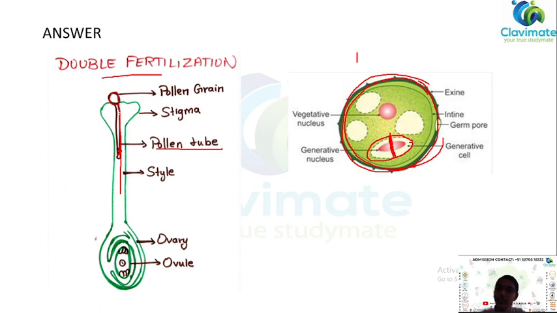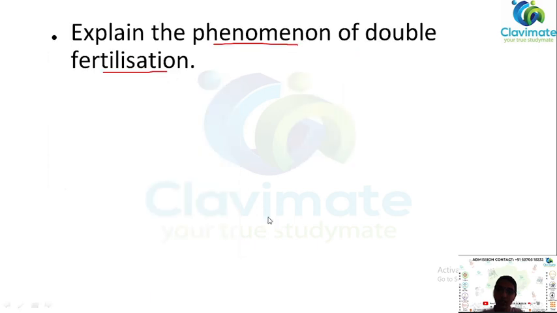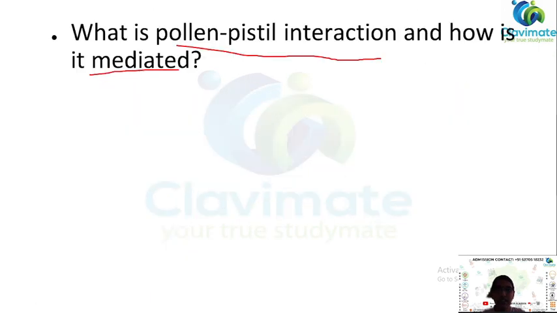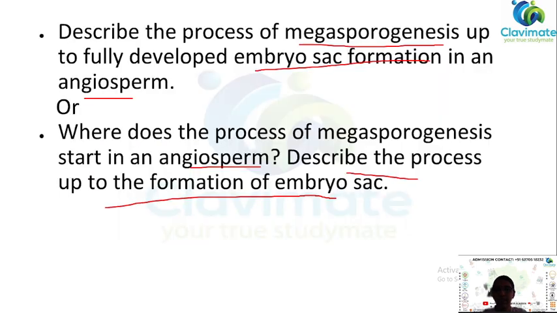This pollen tube will travel through the style and enter through the micropyle. As we saw in the previous slides, you have the micropyle over here.